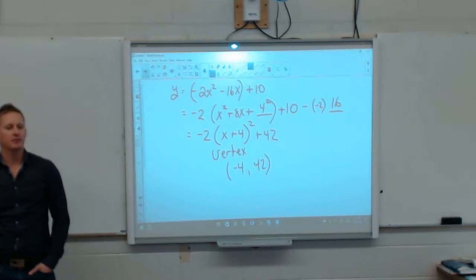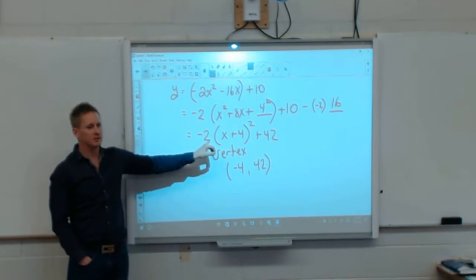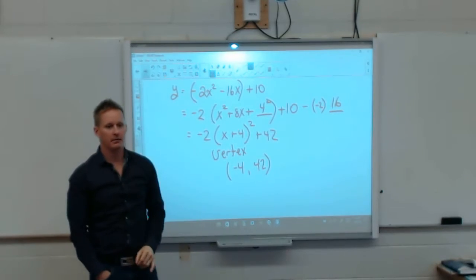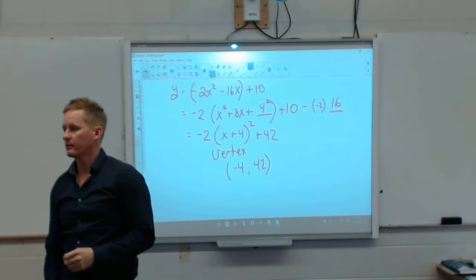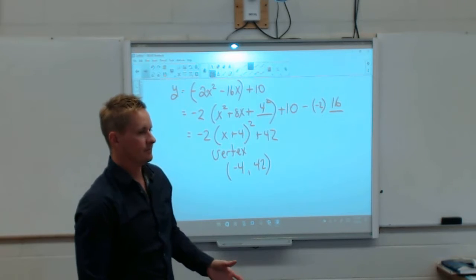Negative 2. What's a negative 2? A. Oh. This does open down. I don't have to look up here, Sophia. I can look right there. That's still my a, in a(x minus h) squared plus k. So she's right. A is a negative number. That means the graph opens down.